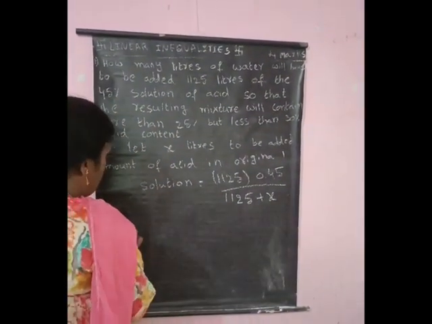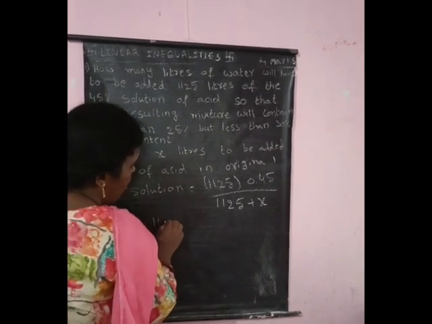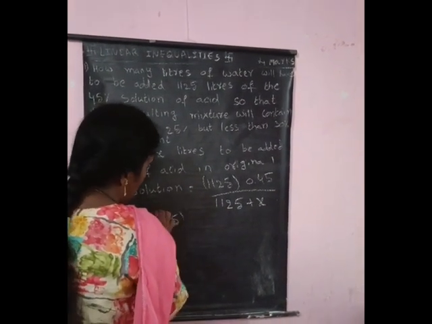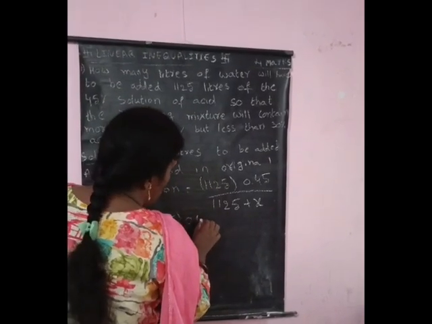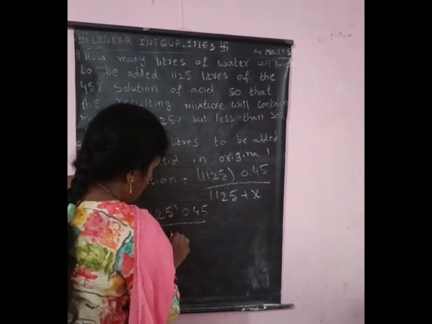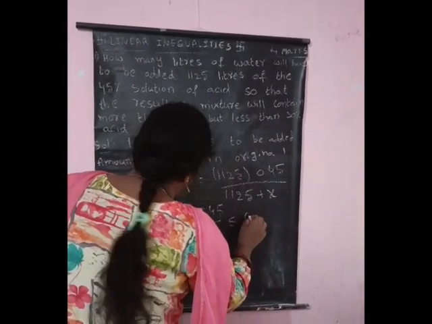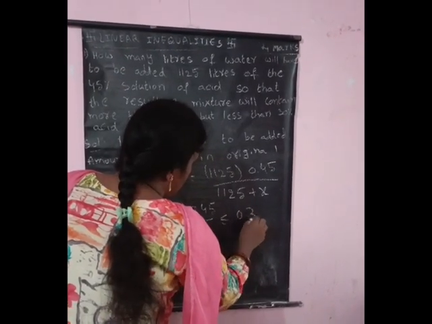Then 0.25 is less than or equal to 1125 into 0.45 by 1125 plus X, less than or equal to 0.3.